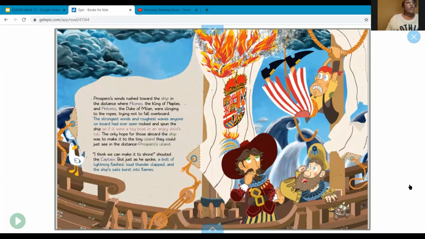The only hope for those aboard the ship was to make it to the tiny island they could just see in the distance, Prospero's island. "I think we can make it ashore," shouted the captain. But just as he spoke, a bolt of lightning flashed, loud thunder clapped, and the ship's sails burst into flames.